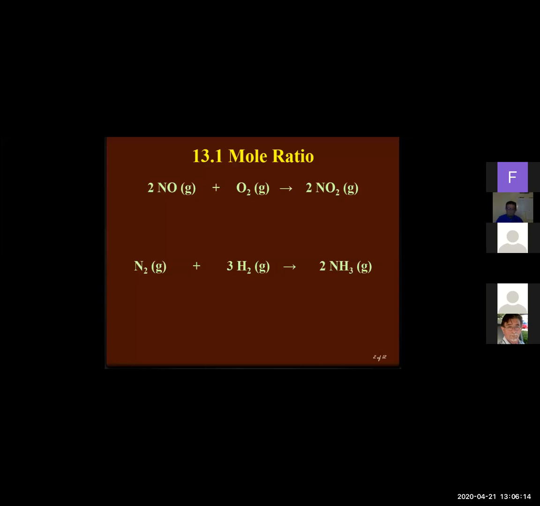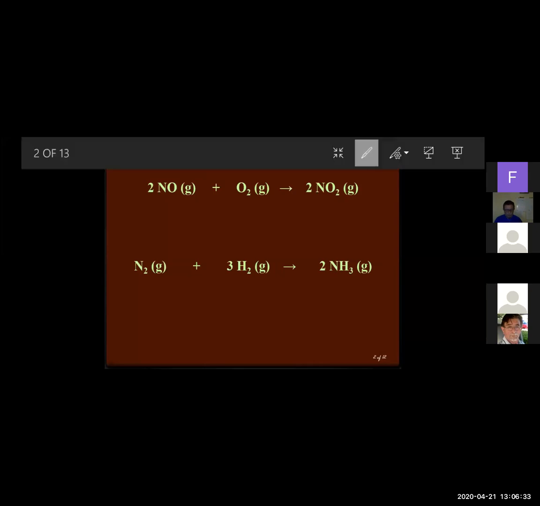we went through balancing chemical equations, and this first equation that you see up here is nitrous oxide reacting with oxygen to give us NO2. And we're balanced. We have 2 nitrogens as a reactant, and we have 2 nitrogens as a product. We have a total of 4 oxygens as a reactant, and we have a total of 4 as a product.